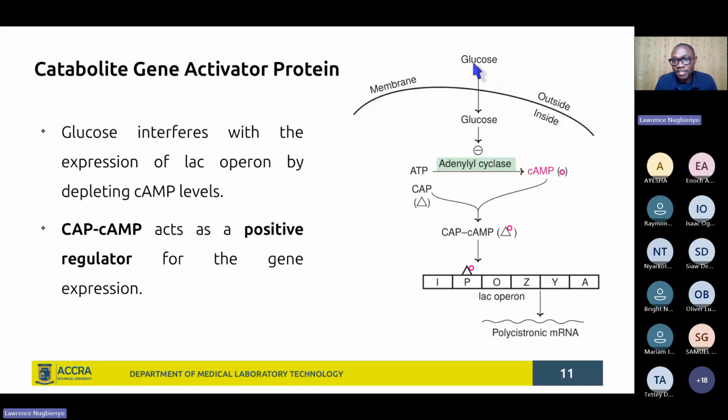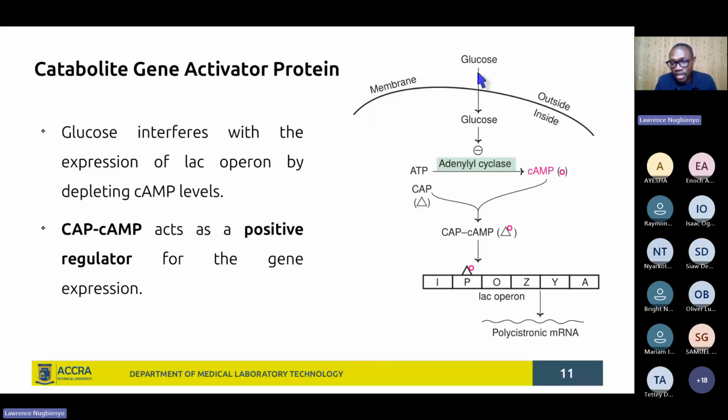So if we are looking at a diagram on the right-hand side, if you have glucose that is entering into the cell. So we have this line referring to the cell membrane. So this is a cell membrane. And it is inside of the cell. So the glucose is from outside of the cell entering into the cell.